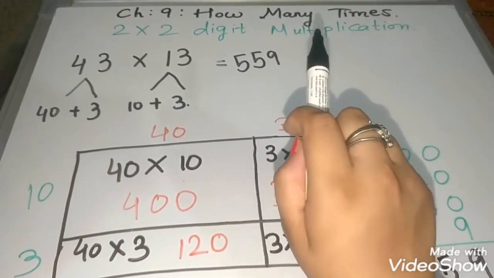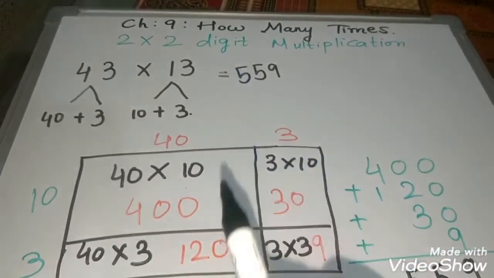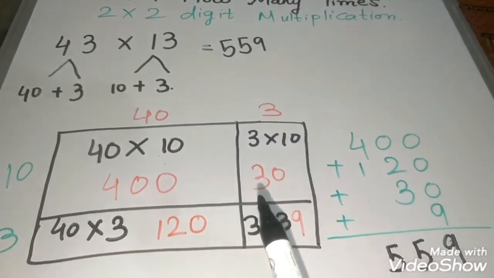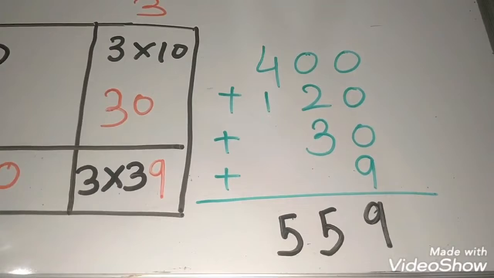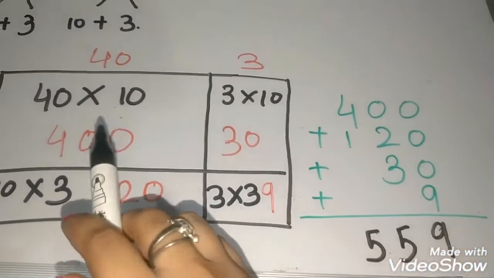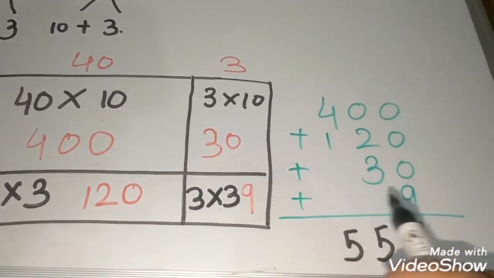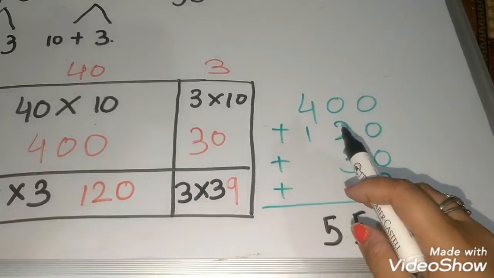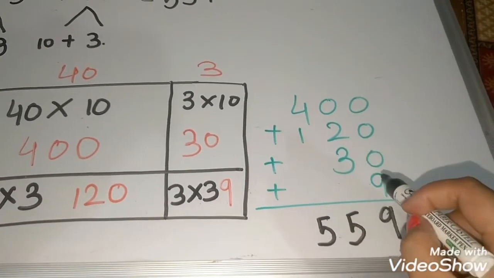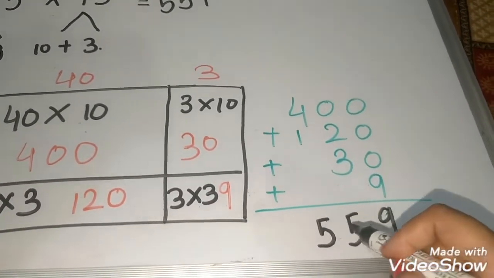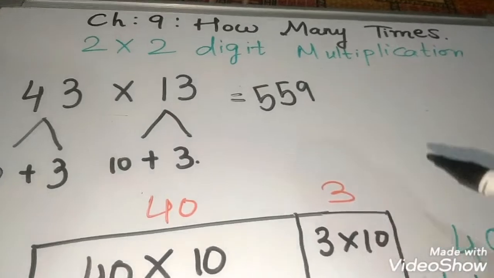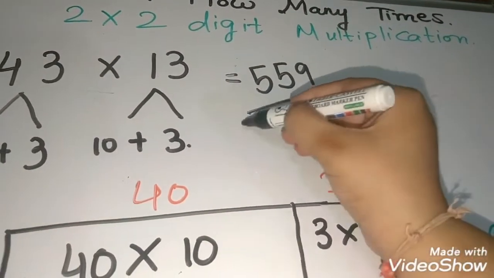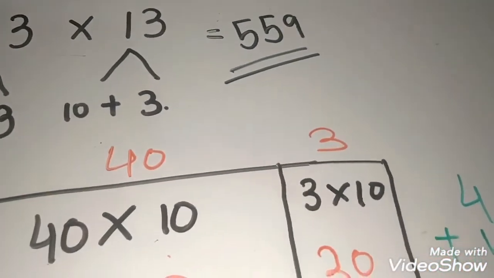Because my dear children, you are small and you are not supposed to solve the sums by any other methods. And then at last I have added all the final numbers which I have got in the table. 400 plus 30 plus 120 plus 9, 559. So my final answer is 559.